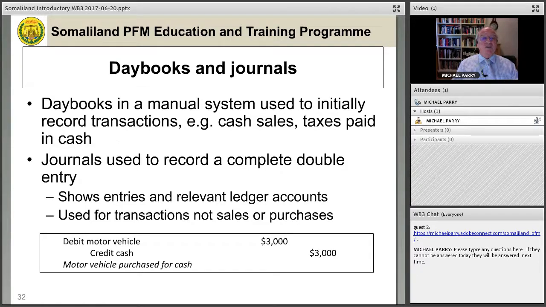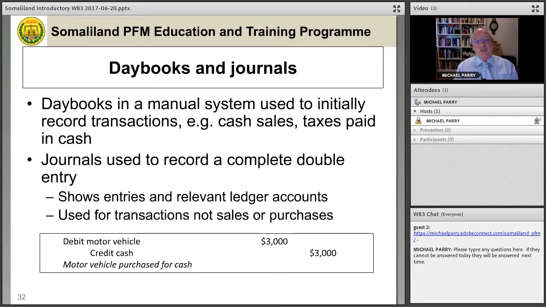Daybooks. Daybooks, again, in a manual system, you would very often have your sales being recorded at some remote office, entered onto a notebook, which would then be passed to your central accounts function, which would then enter them into the ledgers. And in order to do that, they would keep what is referred to as a daybook or a notebook to record those transactions.